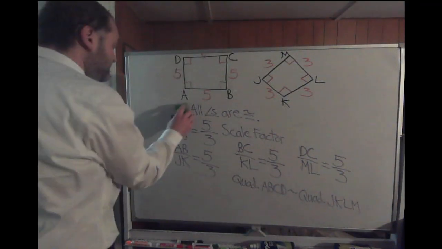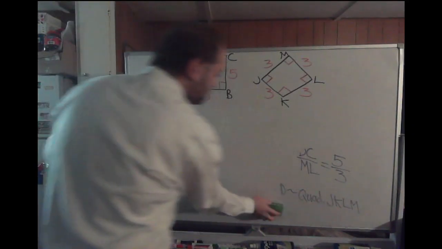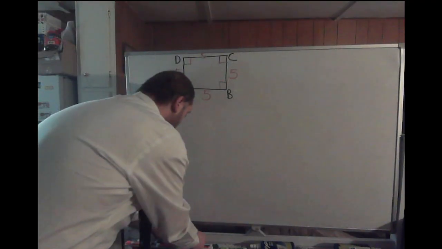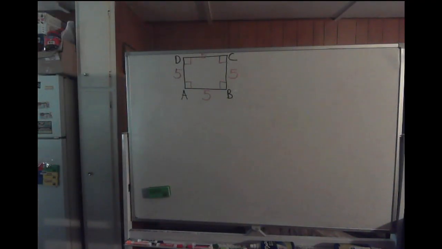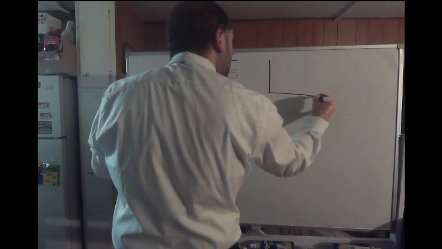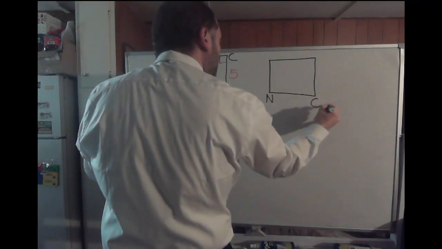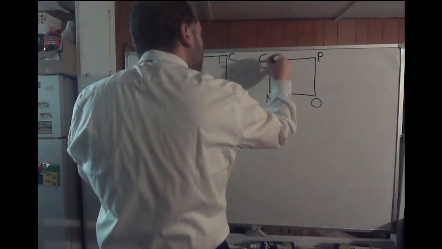Let's leave ABCD up there. I'm going to leave the square ABCD up there, but I'm going to draw a different quadrilateral here. All right, so how about, let's see, quadrilateral NOPQ.